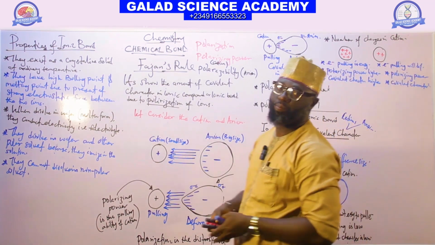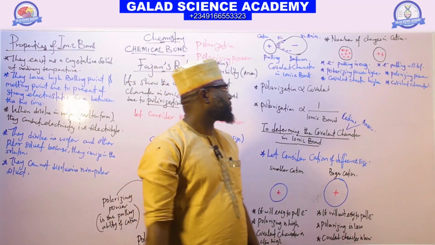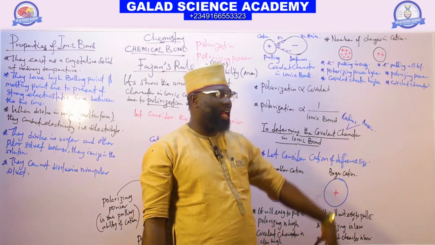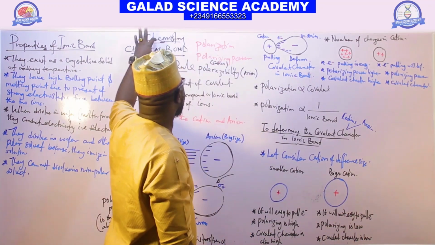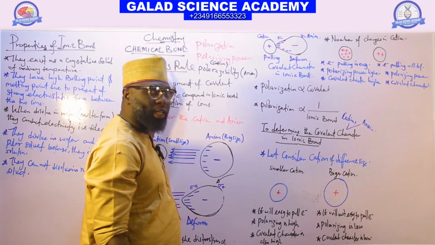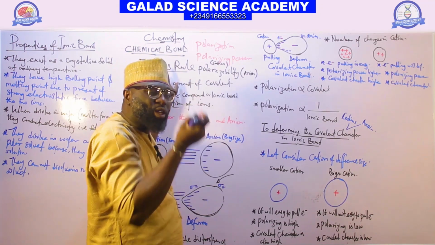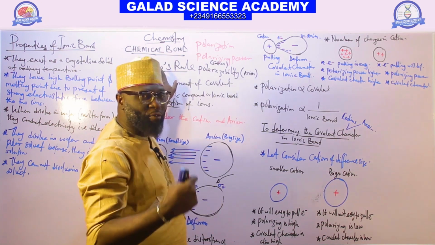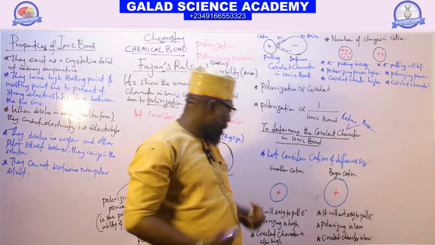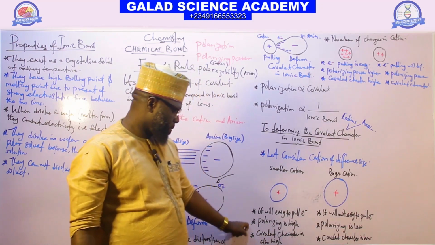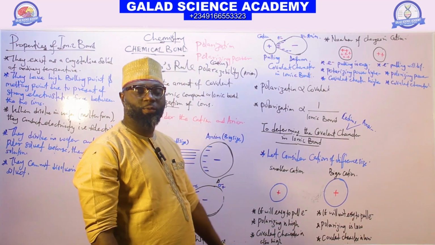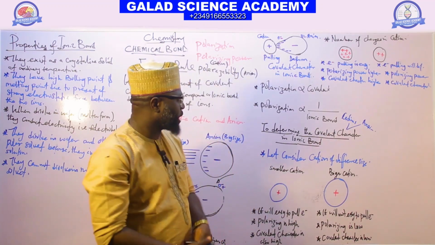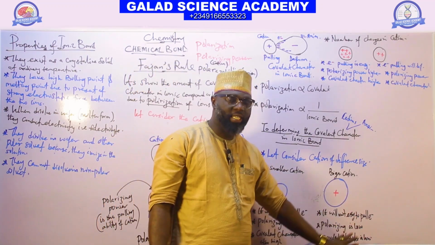Once again, it's not magical. To determine the covalent character in an ionic bond by Fajan's rule, he said that a cation with small size has the higher pulling power, and it will experience the higher covalent character compared to the cation of big size.